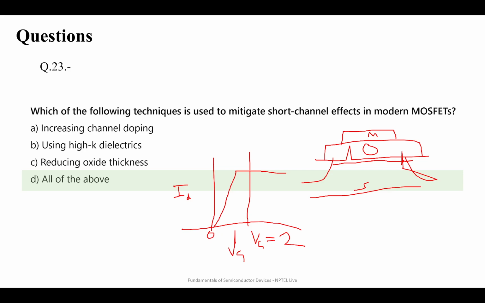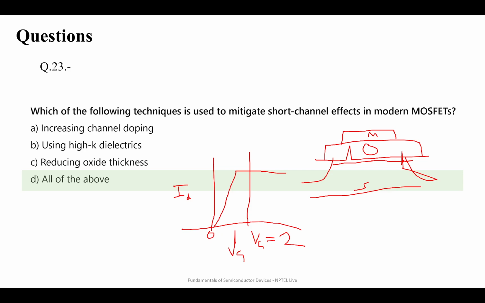So what I want is to use it as a switch. I need two states: a low current state and a high current state. And there should be a significant difference between the off state and the on state. So my off state is at VG equals 0 and my on state is at VG equals 2.